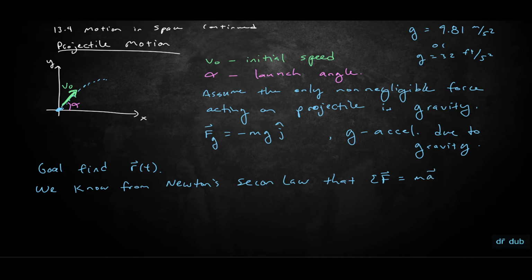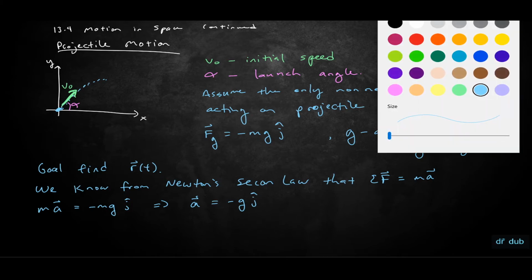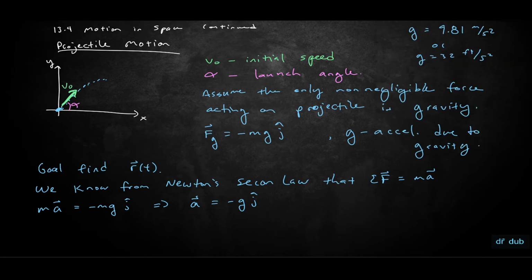Well, we only have one force here. So we have mass times acceleration equals negative mg j hat. So naturally, the only acceleration we feel is negative g j hat. So that's the acceleration. Well, we need some initial conditions if we're going to go backwards.